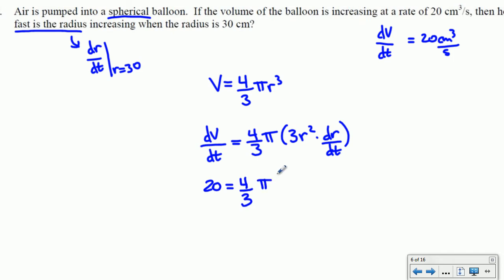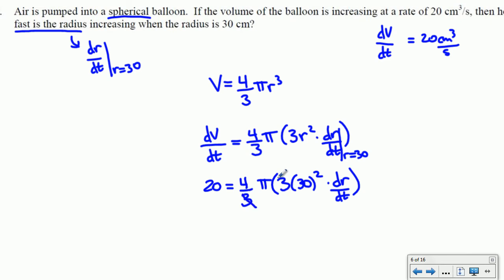20 equals 4/3 pi times 3, and then the radius. We want to know what dr dt is when the radius is 30, so the radius is 30 squared times dr dt. So now we just need to isolate for dr dt. We can multiply through all the numbers here on the right side.